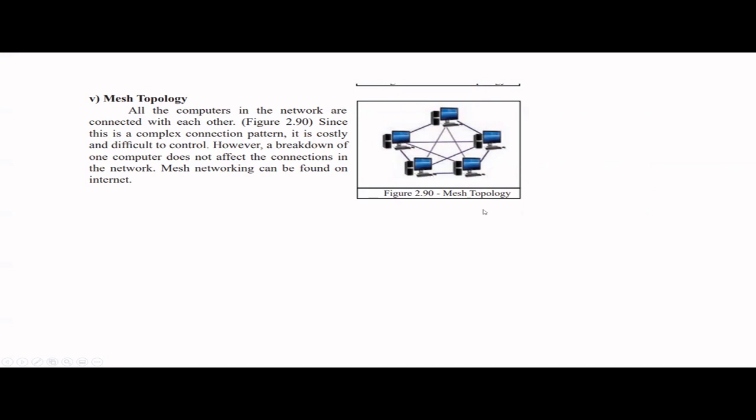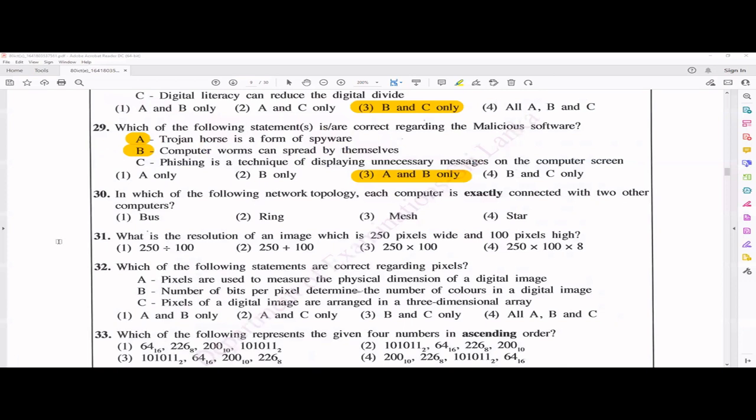So we call this a full mesh topology. Actually, if one is broken, you cannot call it full mesh. But here every computer is connected to all the others, right? So we'll go back to the question. So it's a ring. In the ring, each computer is exactly connected with two nearby ones, right? So it should be the ring.